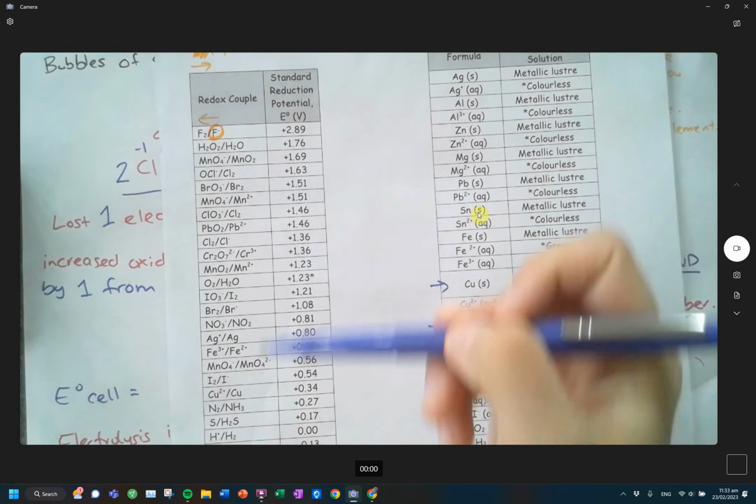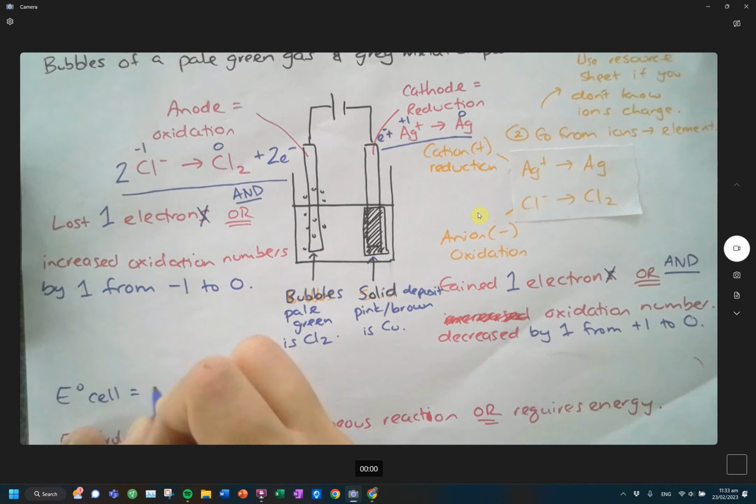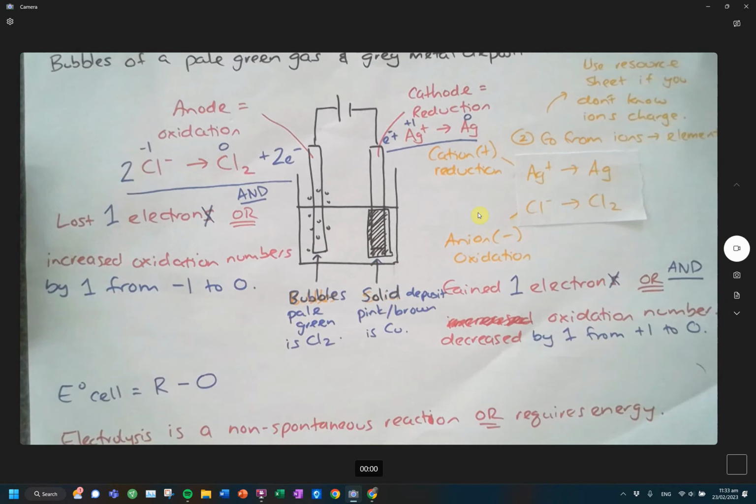And we have all of our redox pairs here. What you're going to do is look for your reduction pair, the number that it provides, and you are subtracting the oxidation number.